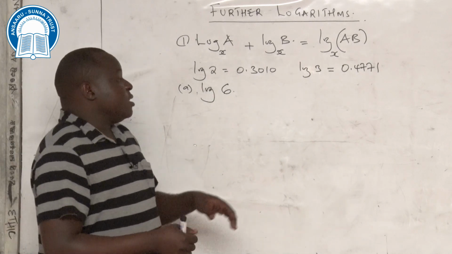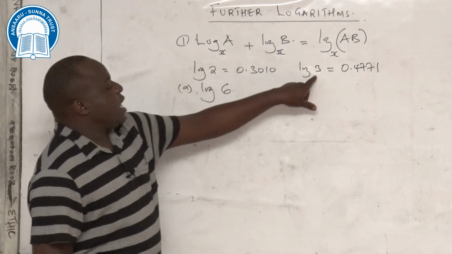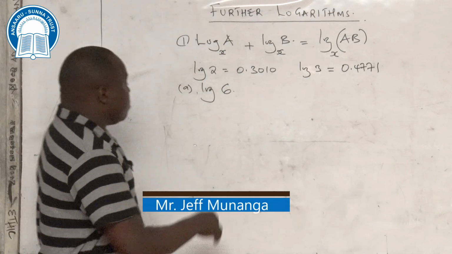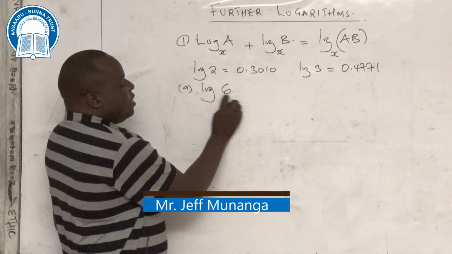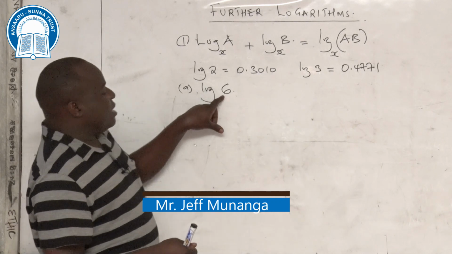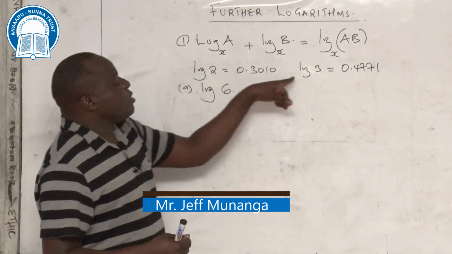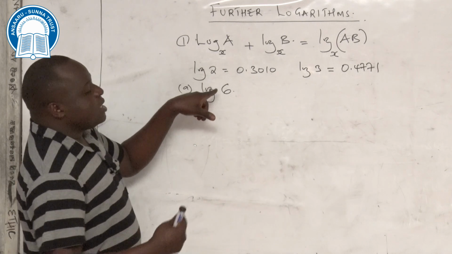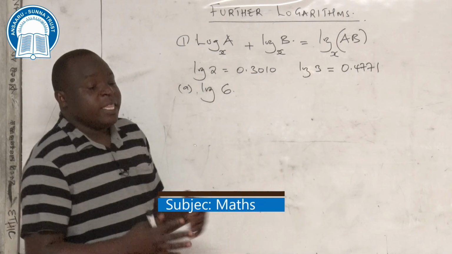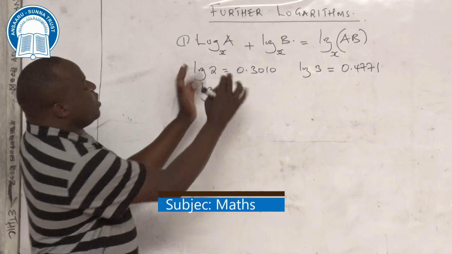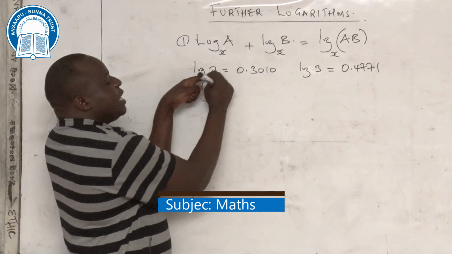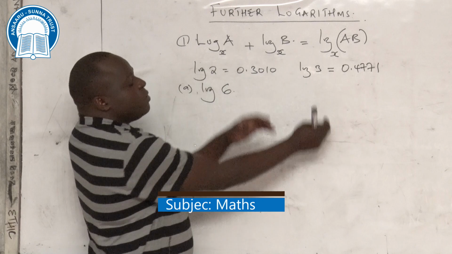So what this means is I have log 2, I have log 3, but I'm given a different log that I'm supposed to solve. So the only way I can solve this is to try to write 6 in terms of the values that are given. And one thing, I didn't mean that all the time they'll talk of log 2 and log 3. There can be different logs, but whichever values are given and what is asked simply means you can write this value in terms of what is given.